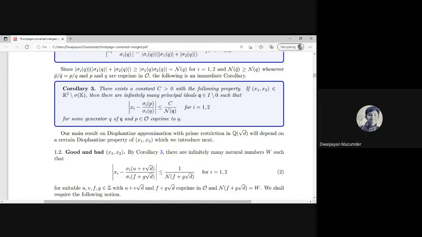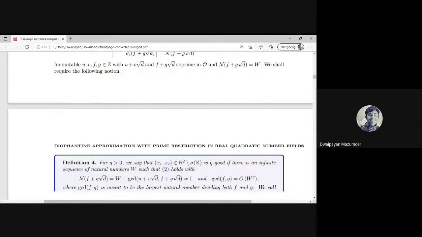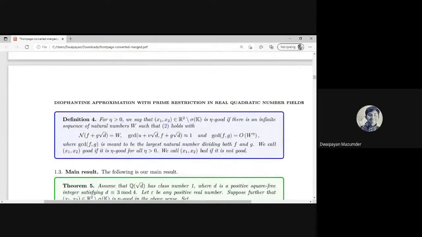That is what it is saying. Now the thing is that you can always find a density for f and g. So what we are demanding to be good is that this GCD of f and g is of order w to the power η. I mean it is bounded by some power of its norm.